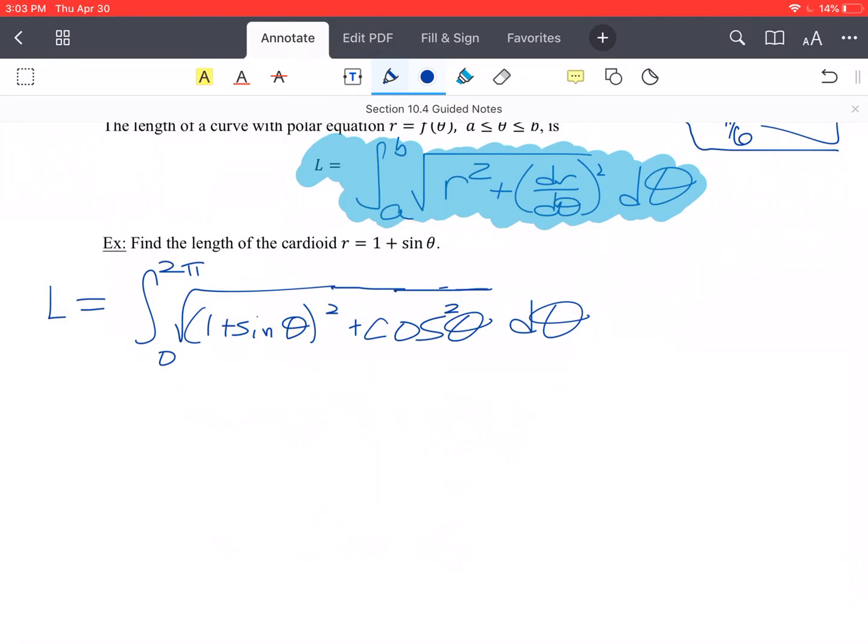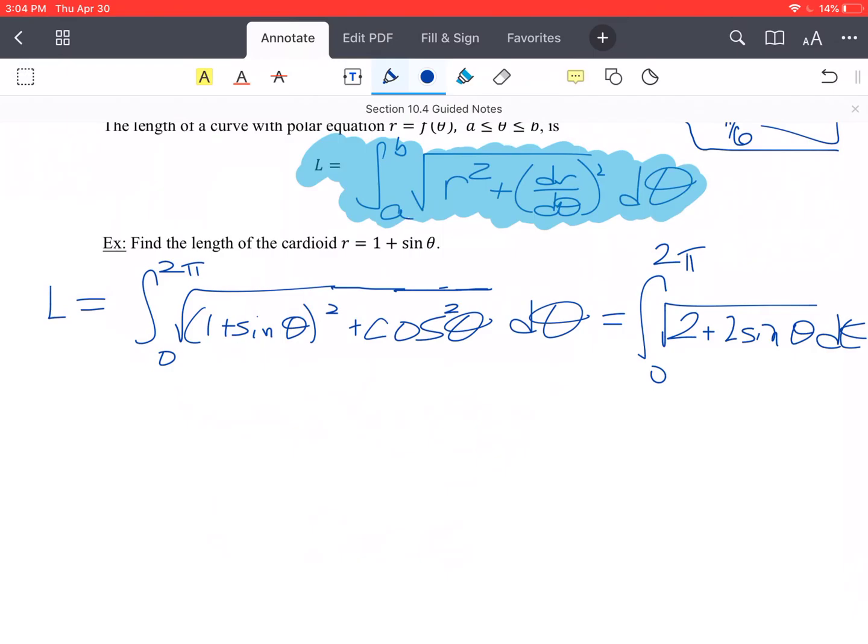So this gives us the integral from 0 to 2 pi of the square root of 2 plus 2 sine of theta d theta.